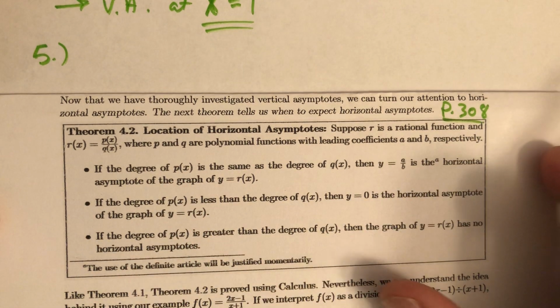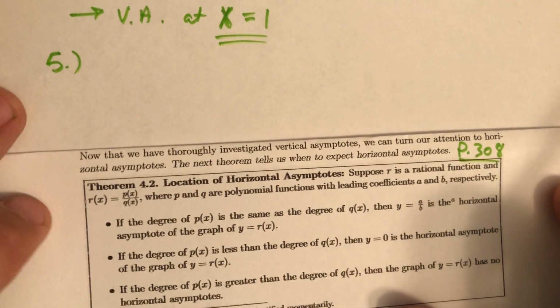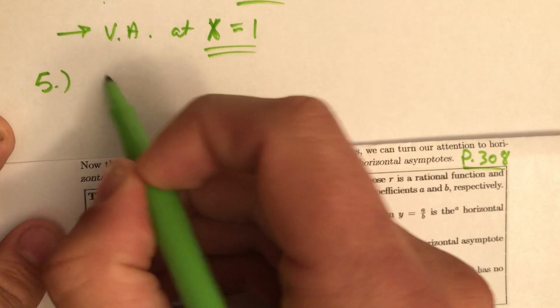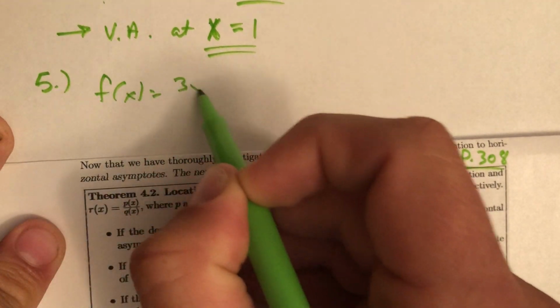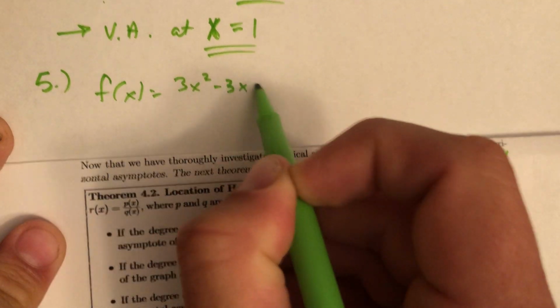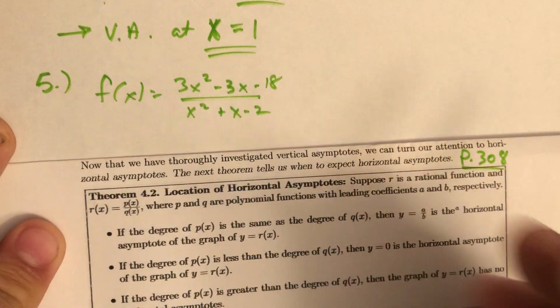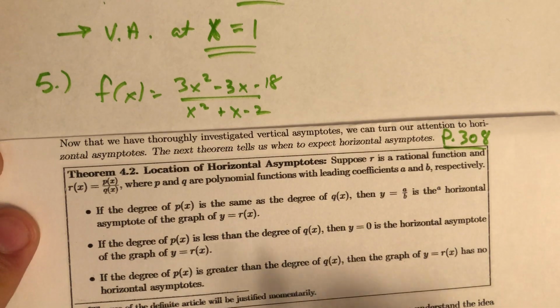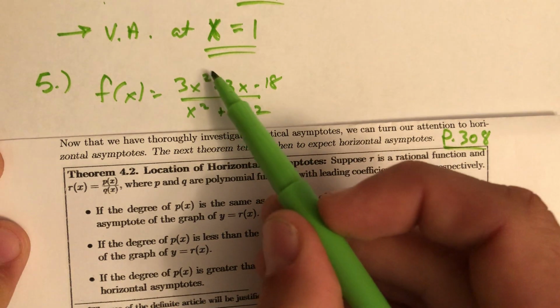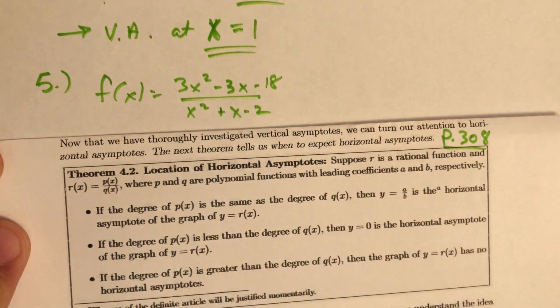If we go back and look at our original function, and maybe I'll just rewrite it. F of x is 3x squared minus 3x minus 18 over x squared plus x minus 2. Okay, so we observe that the degree of the numerator is 2, the degree of the denominator is also 2, so that means that they're the same.